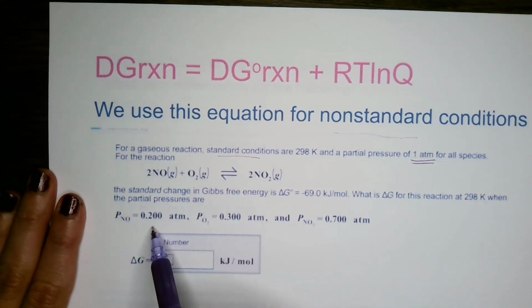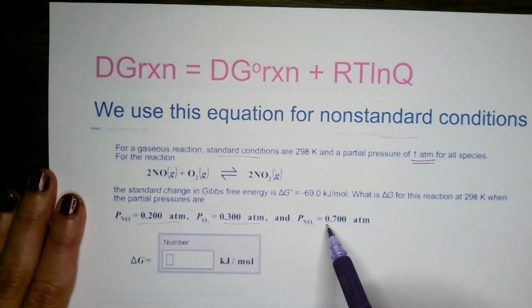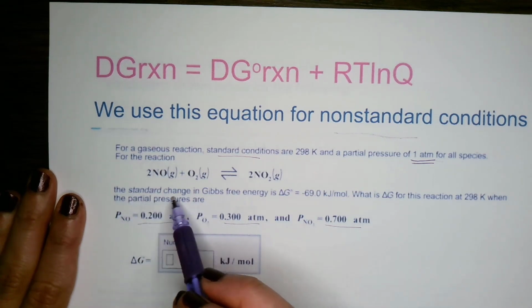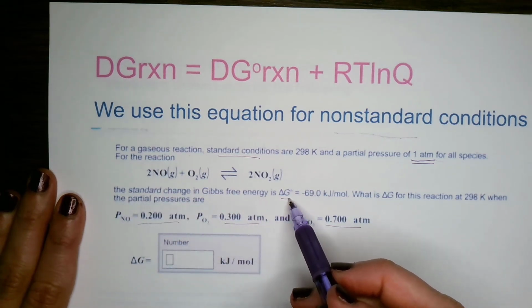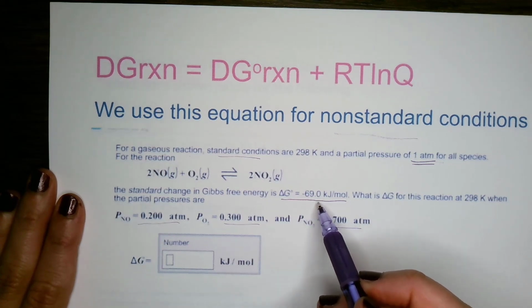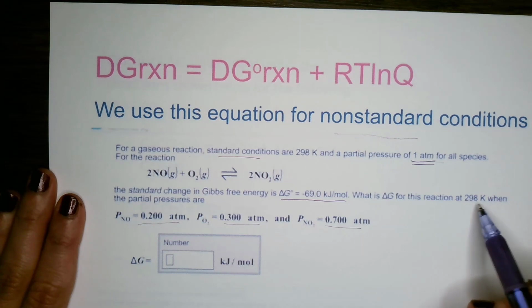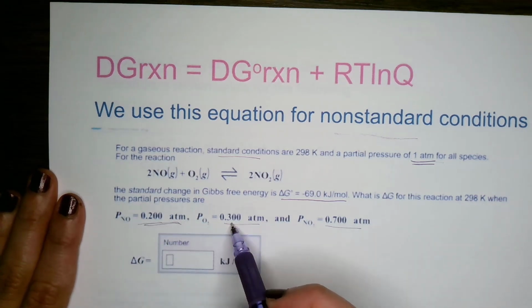But we can see here that we're given pressures that are not 1 atm. We've got 0.2, 0.3, and 0.7. We do know that the standard change in Gibbs's free energy for this reaction is negative 69.0 kilojoules per mole. What is the delta G for this reaction when the partial pressures are not at 1?